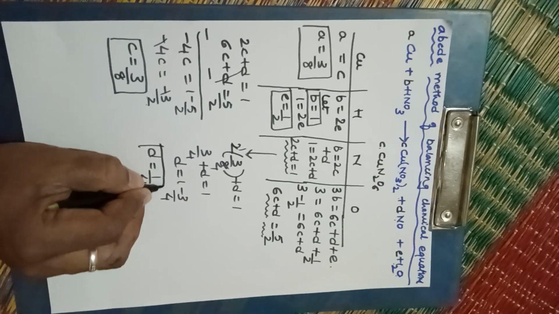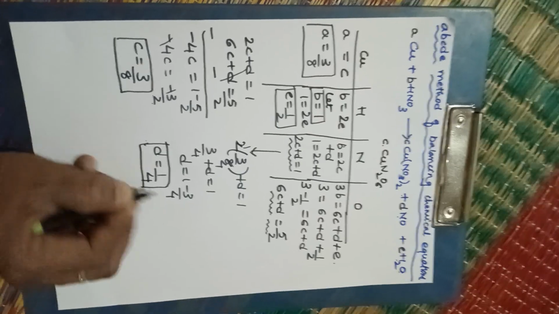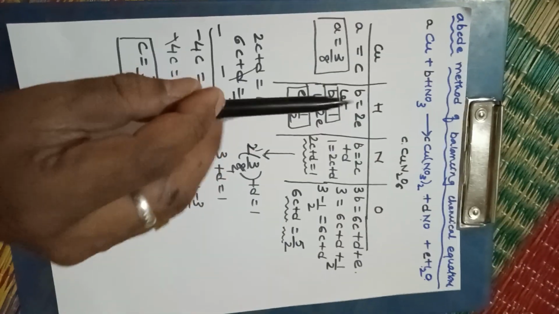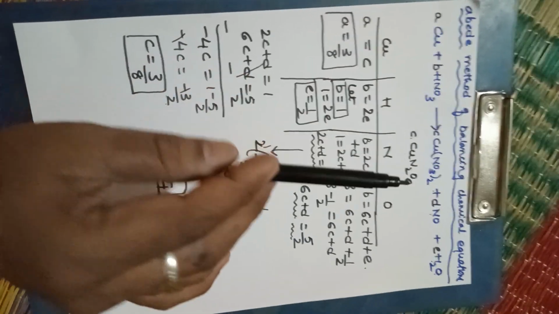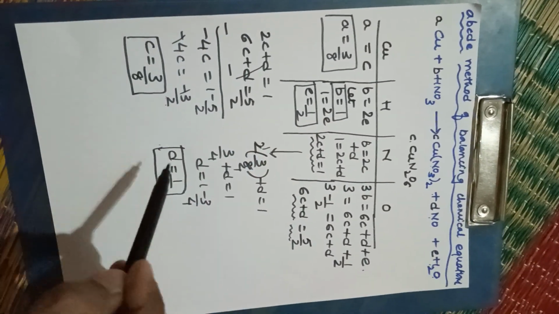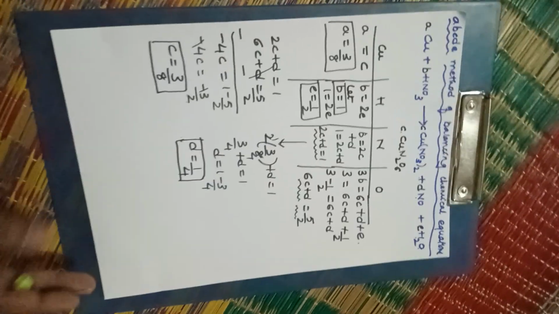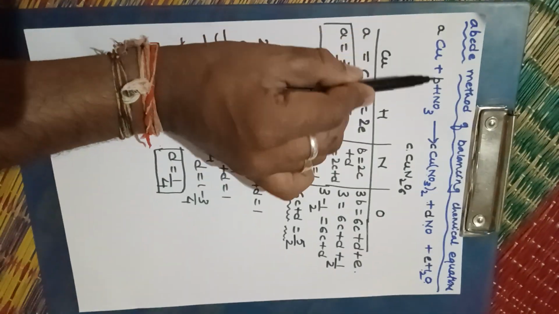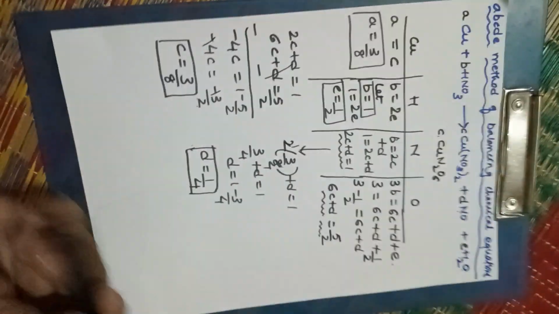If you examine carefully, we have found the values of all the letters, or the coefficients involved in this chemical equation: a, b, c, d, e. Now we just need to write these values in their appropriate places. So a is 3/8.